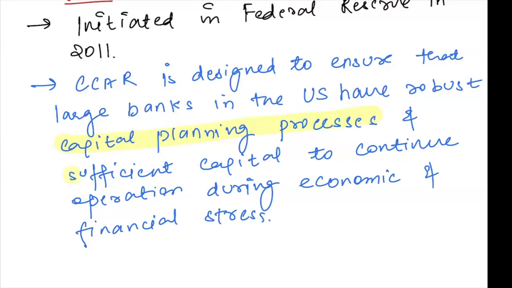And at the same time, you should have sufficient capital. Look at what happened recently with Silicon Valley Bank. There was a lot of issue, and I guess they filed for bankruptcy or something like that. So making sure you have sufficient capital means that in challenging times, the bank can operate.